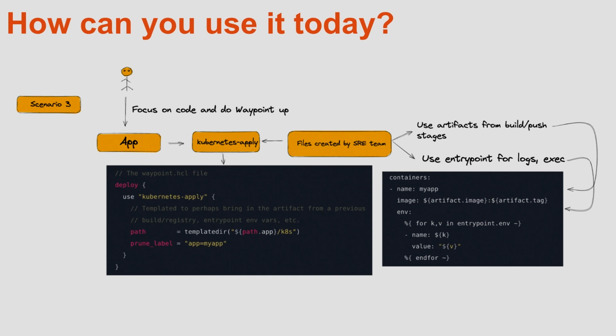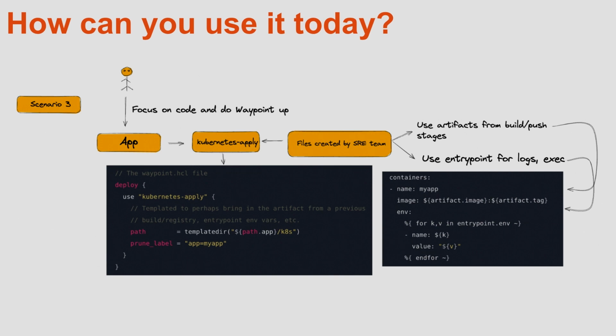So you can use a Kubernetes apply plugin and give the path which is told by your SRE team, that there is a k8s folder which has everything that you need to deploy. So you just define the k8s folder inside the waypoint.hcl file, and it is basically a kubectl apply -f of all the files inside that folder.